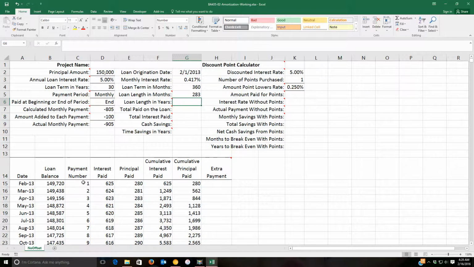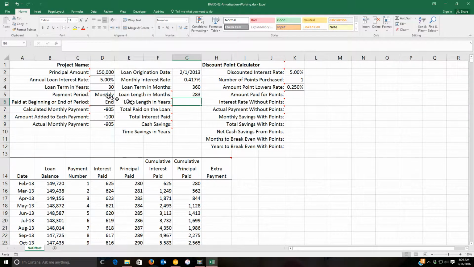Now for the loan length in years, what I want to do is show you how you can use an if statement as part of an equation. In this case, we're going to use the if statement as a part of the denominator in a little division problem. But first of all, we have two scenarios here. Remember, we have this workbook checking to see if the payment period is years.